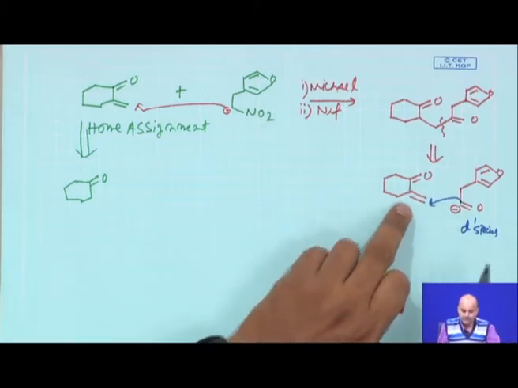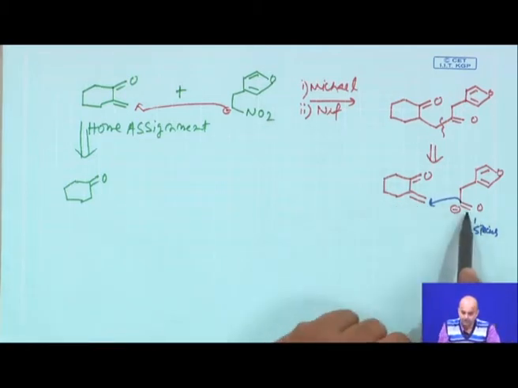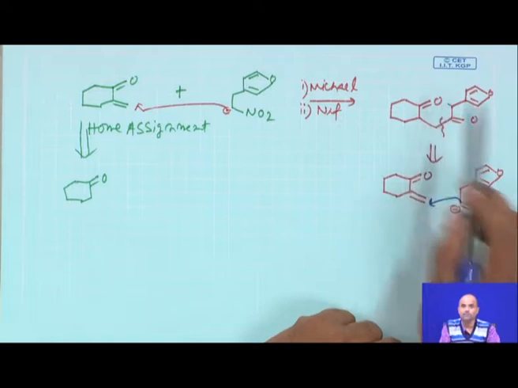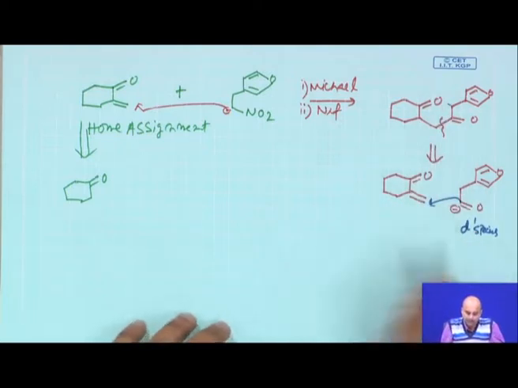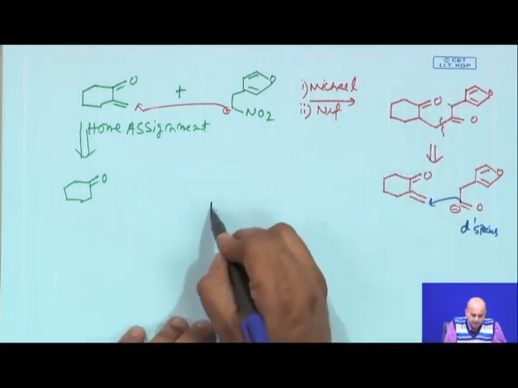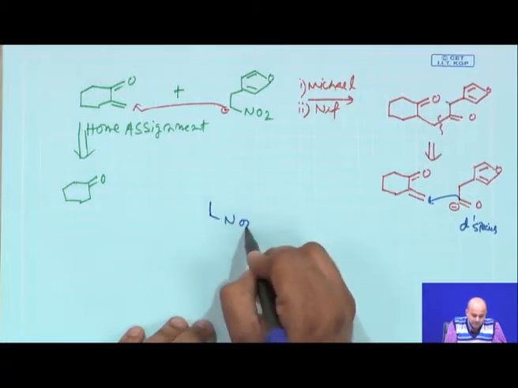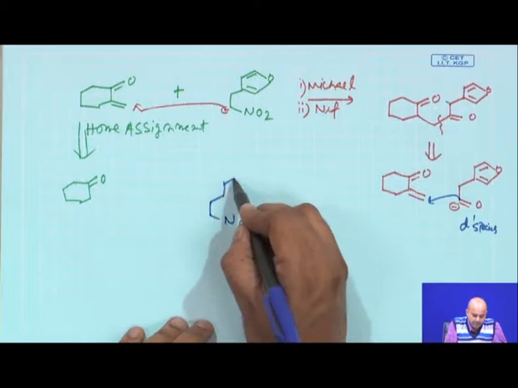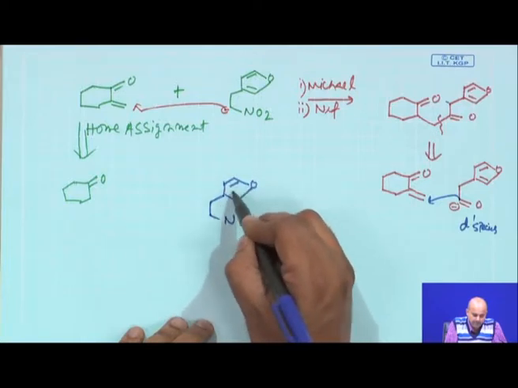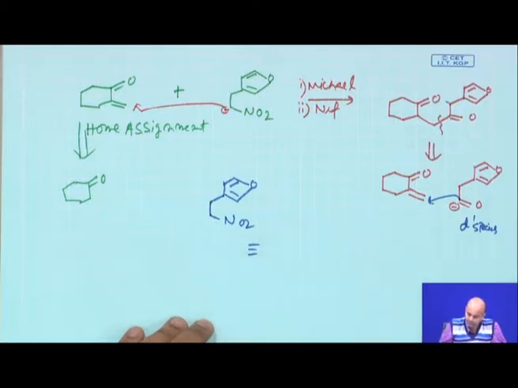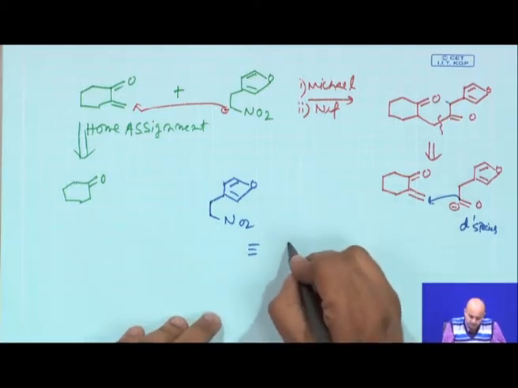So, we can start with the starting material with the help of a synthetic equivalent like this, and then you simply do an aldol kind of dehydration. So, this is a complex synthetic equivalent, and the entire starting material can now be figured out as a synthetic equivalent of this species.